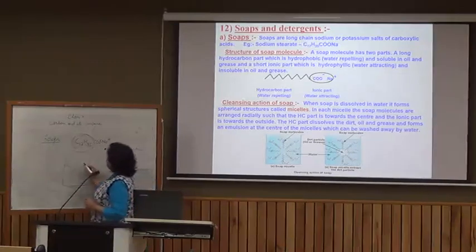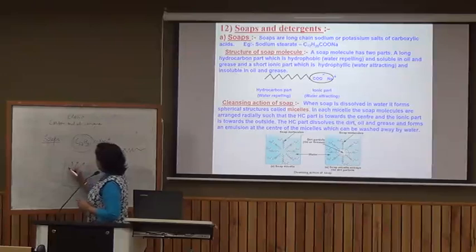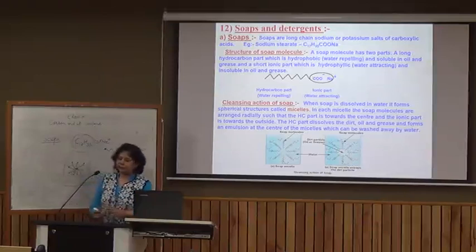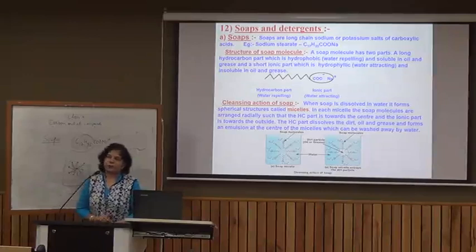The ionic end dissolves in water this way, and the carbon chains, having no other organic solvent here, dissolve in each other this way. They get oriented in a spherical structure. Such spherical structures we call micelles. So a number of such micelles are formed in water when soap is dissolved. That is why soap forms a colloid with water.